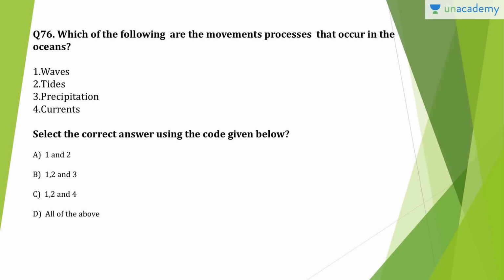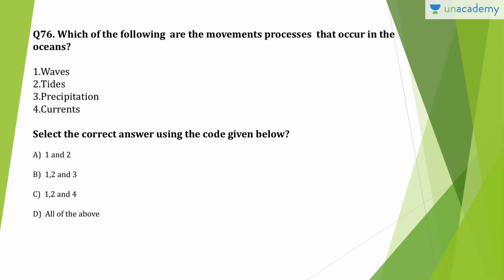Which of the following are the movements, processes that occur in the oceans? Waves is definitely one. Tides is one. Precipitation occurs on land also, everywhere in the world, but technically it occurs in the atmosphere, not in the ocean. So that is why it is not correct. And currents, ocean currents, everybody must have heard about this.